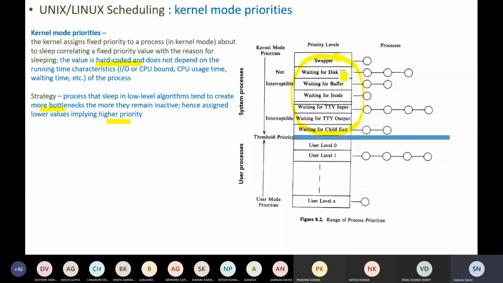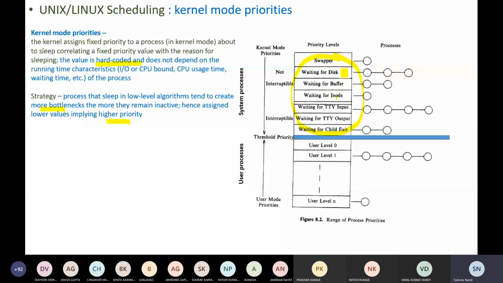So it's of no use, because if you rather assign the disk IO a higher priority, that process will be releasing the inode and the buffer for this other process. Okay. So the reason for which this is waiting can be achieved if I can schedule this process.